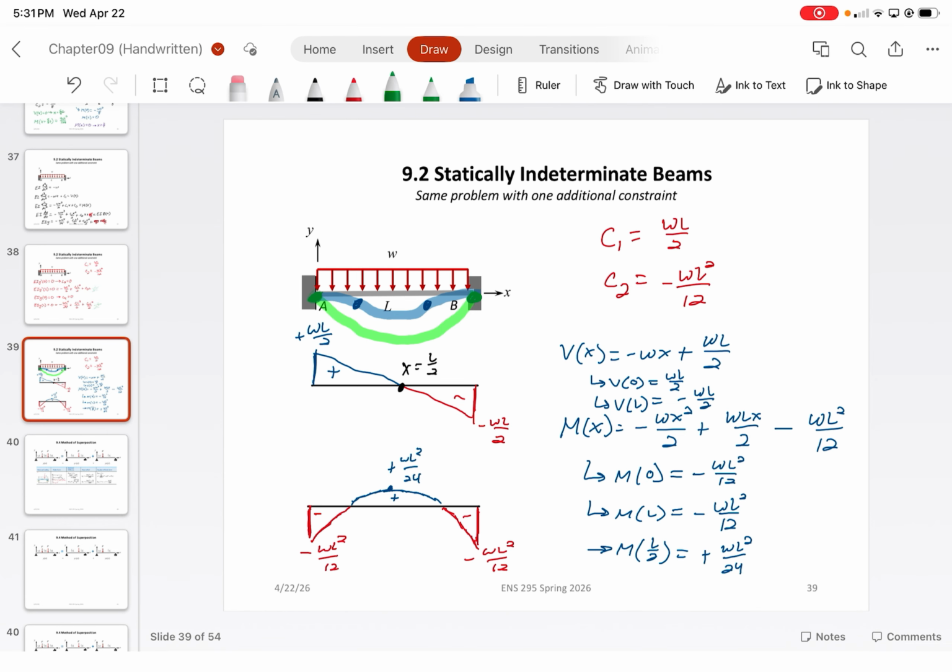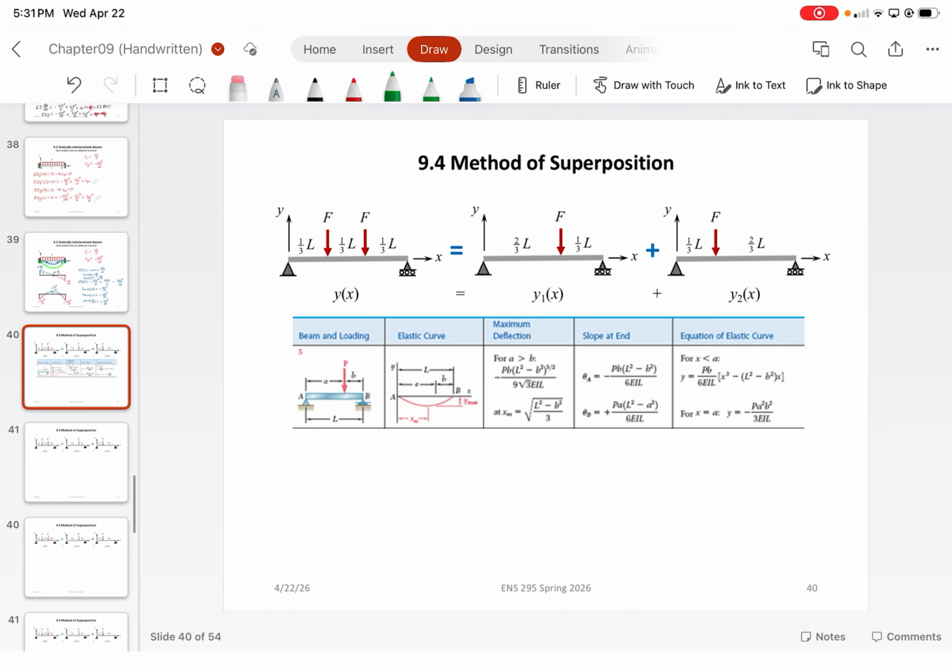All right. Now, continuing with our discussions, we'll now go on to 9.4, which is just talking about the method of superposition. I had already previously shown you guys a method of superposition, but one of the things that's important here is that now we can use deflection tables to ease our process a bit.